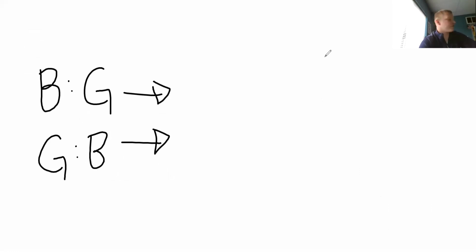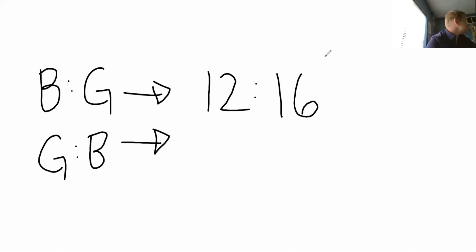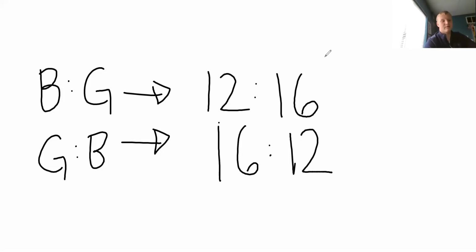For boy to girl, which is what Bethy did, she wrote 12, the number of boys, to 16, the number of girls. For girl to boy, which is what Aries did, he wrote 16 to 12. That is another way we can do it. Aries also reduced it.